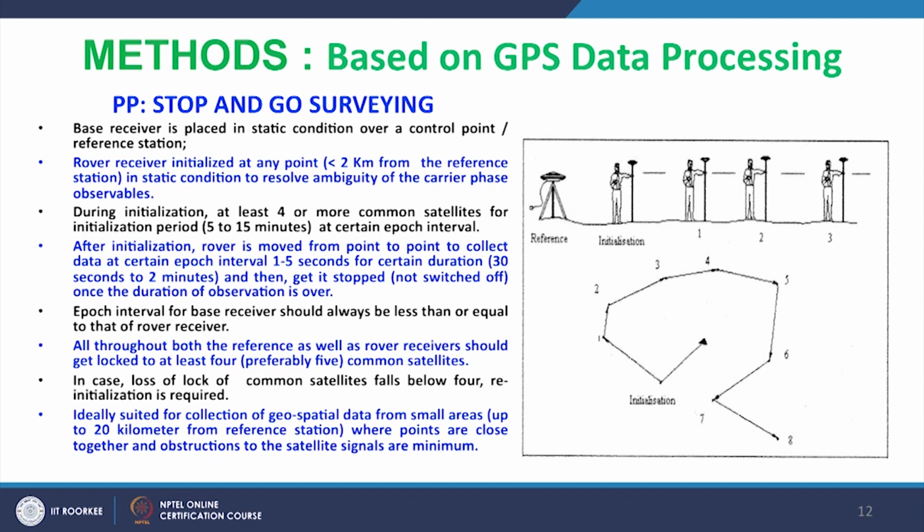If there is any loss of lock, meaning fewer than 4 common satellites are coming, then we have to reinitialize the process. This method of surveying is used when we need to capture data from point objects which will come repeatedly in any area of survey.